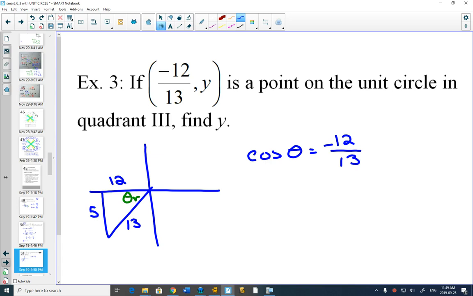A squared plus b squared equals c squared. So if you want to find y, well, on your unit circle, y is sine of theta. So sine of theta, opposite over hypotenuse, negative because it's in quadrant 3. Why wouldn't I get full marks in this question?